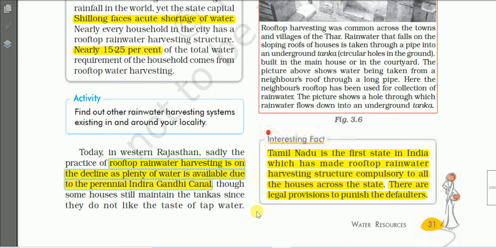Though some houses still maintain the tankas since they do not like the taste of tap water. Some households do not want to use tap water, and that is why in some houses these tankas are still used in Rajasthan.